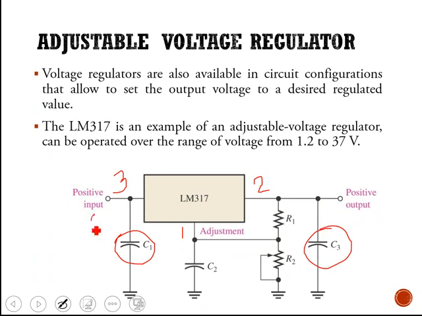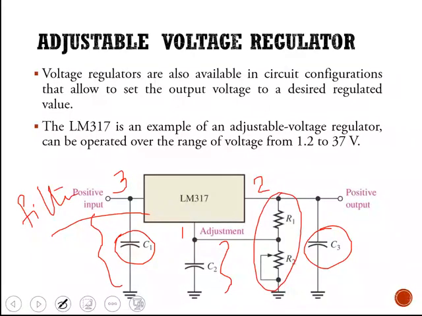Capacitor C1 is included only if your filter is far away from the regulator connection, and C3 is used to remove the ripples at the load side. Capacitor C2 is used to improve the ripple rejection. The external resistors R1 and R2 play a major role in obtaining the adjustable output voltage.